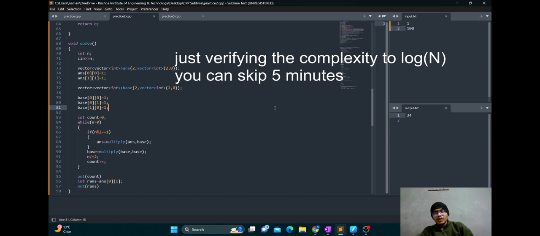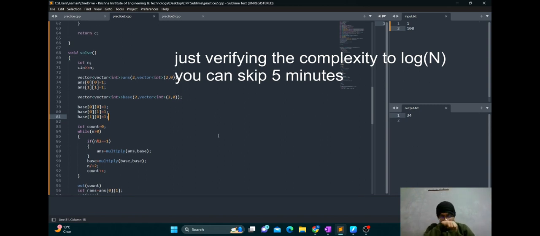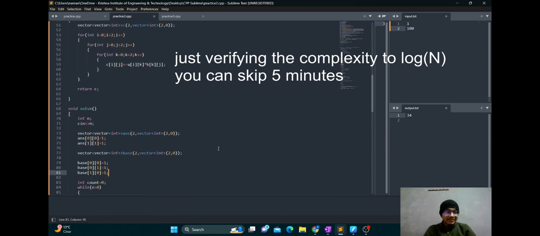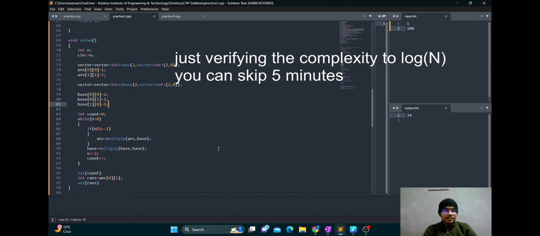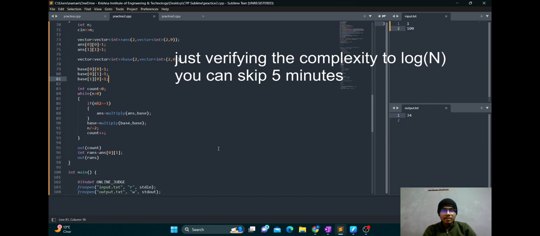The laptop is getting a bit slow, very slow. It is indeed 7 times, and it is coming negative due to overflow.